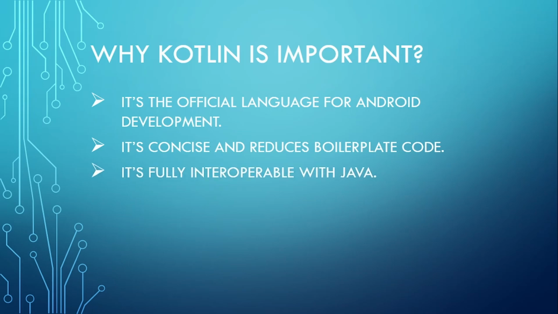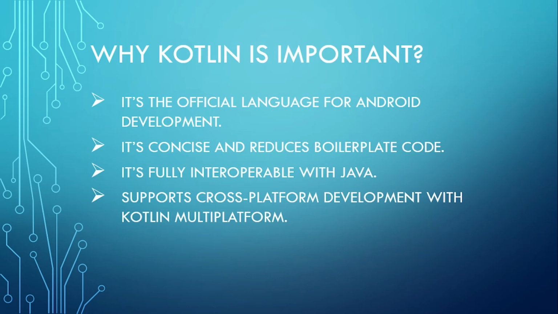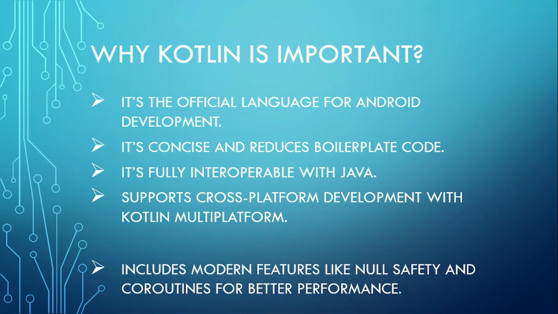It is fully interoperable with Java. What do we mean by this is we can use Java programming language plus Kotlin programming language for developing different mobile applications, and we can use together these two languages to program different functionalities for mobile applications. Supports cross-platform development with Kotlin multi-platform.